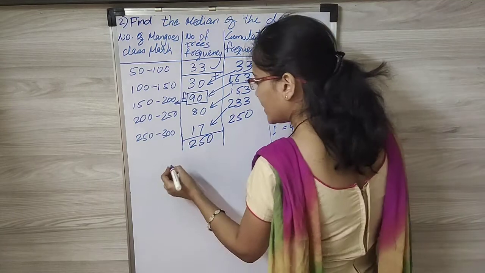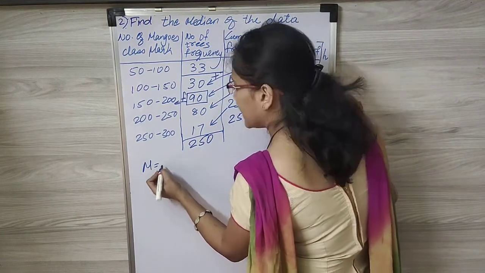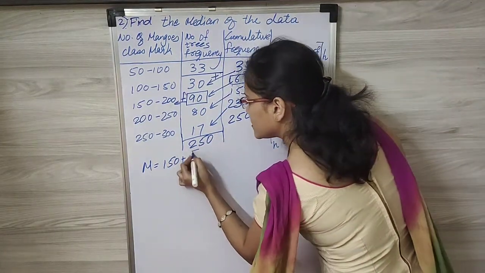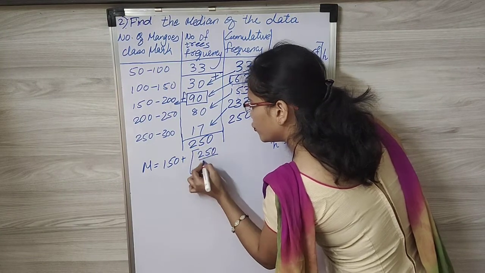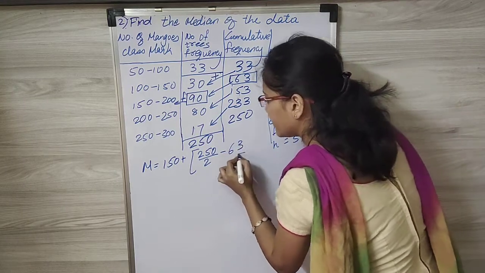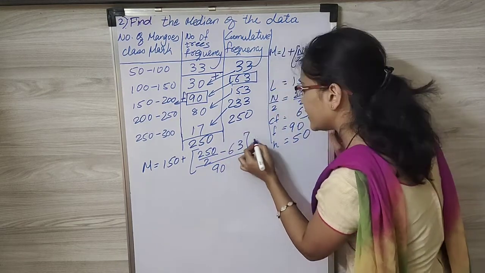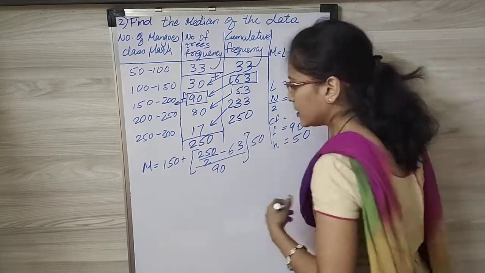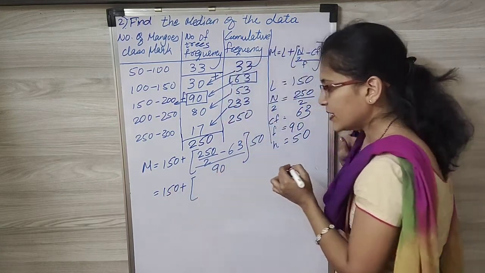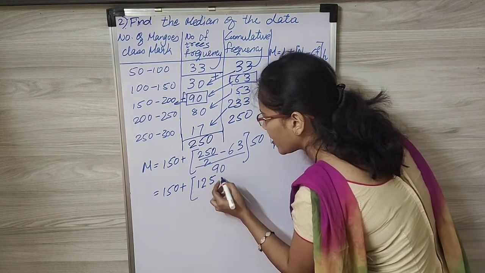Right? Now I am going to replace it in the formula. M is equal to L, which is 150, plus N by 2, that is 250 by 2, minus 63, whole divided by 90, into H, that is 50. Now see here, 250 divided by 2 is 125.